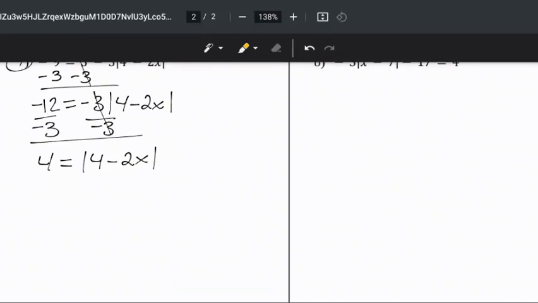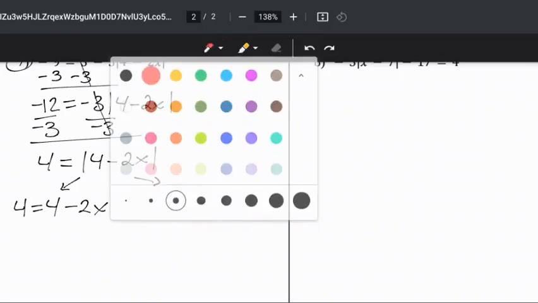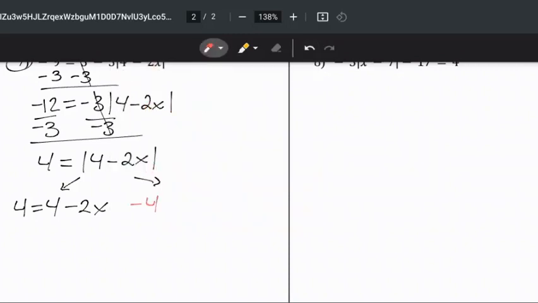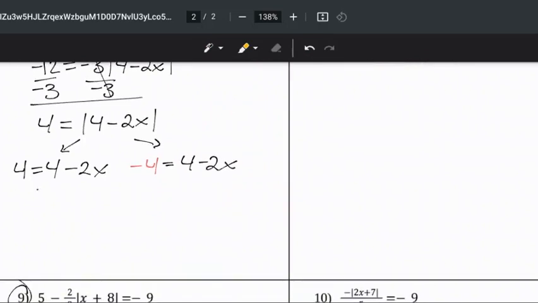Okay, and now we need to go ahead and split. So we have 4 equals 4 minus 2x. And then we make 4 negative this time around. So it's negative 4 equals 4 minus 2x. And we go ahead and solve. So minus 4 on both sides.